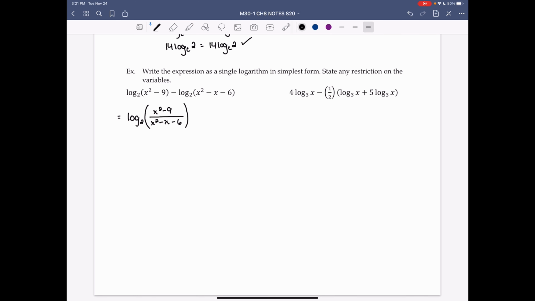Let's factor the top and bottom of the fraction. Log base 2 of the fraction, the top is a difference of squares, x squared minus 9, so it factors to x plus 3 times x minus 3. The bottom, x squared minus x minus 6, we want two numbers that multiply to negative 6 and add to negative 1, which would be negative 3 and positive 2.